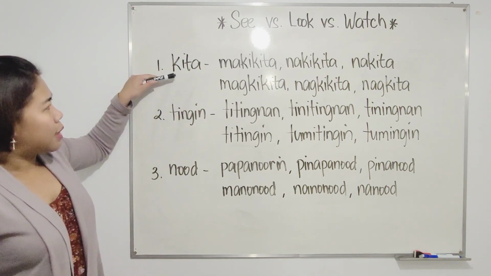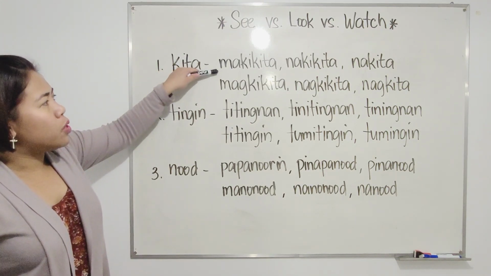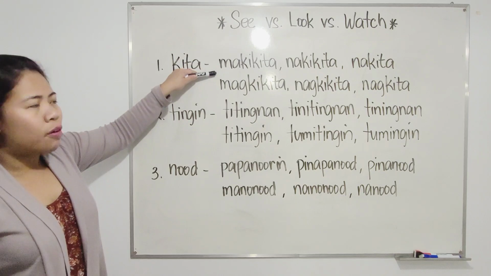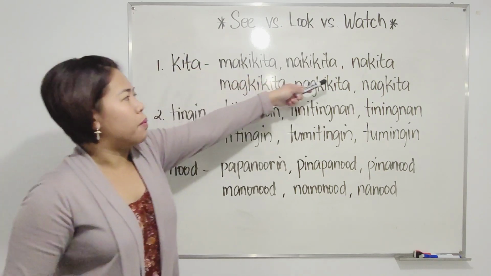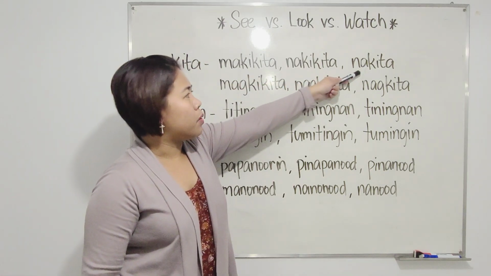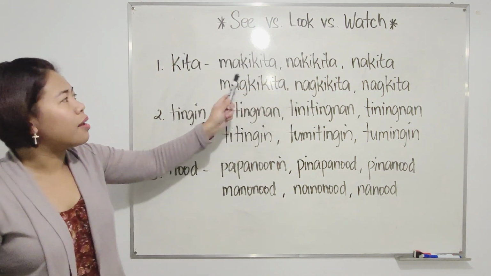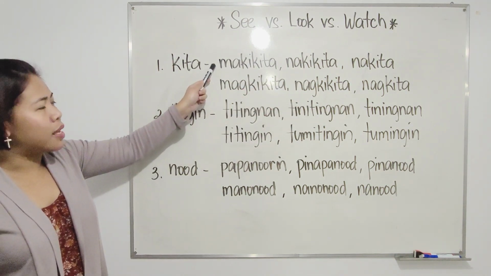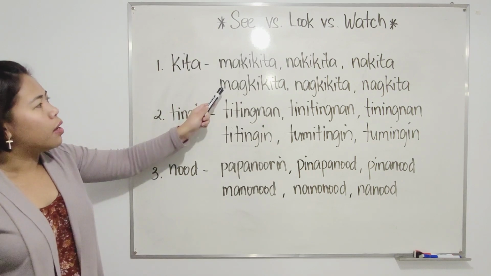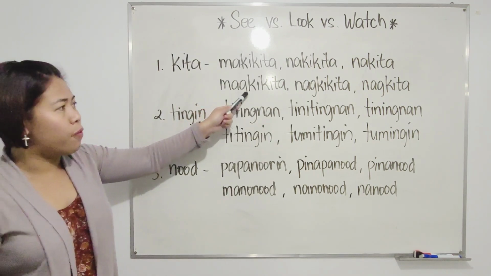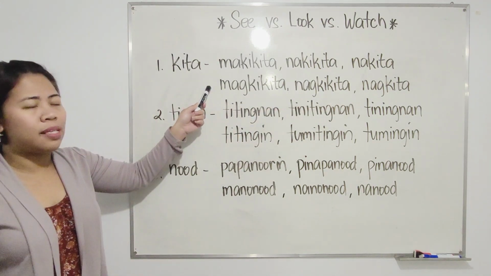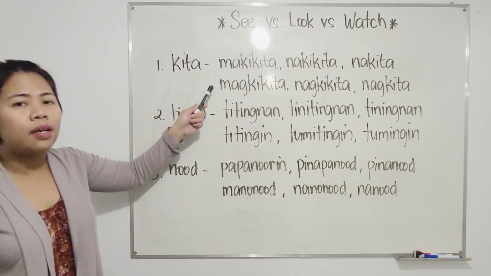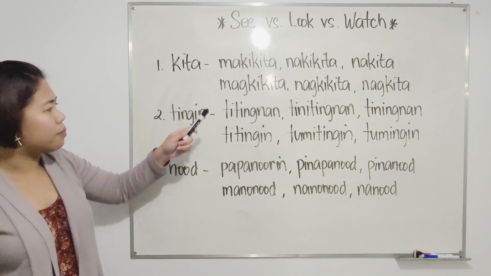So, kita, if you're going to use the ma format, which is when it becomes past, ma becomes na, then the focus of this one is the receiver of the action. If you're going to use this format, this conjugation, then it means that the focus is the doer of the action, the subject.